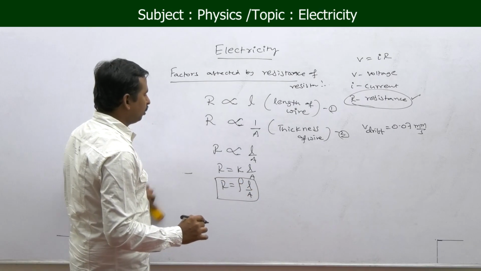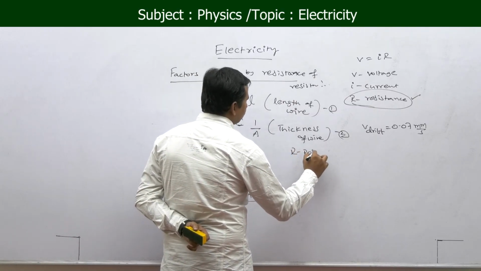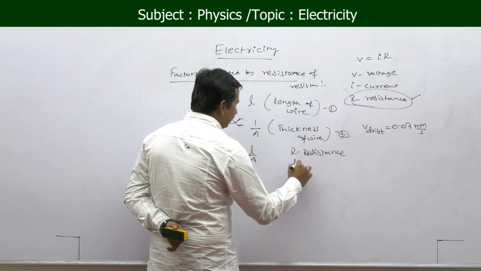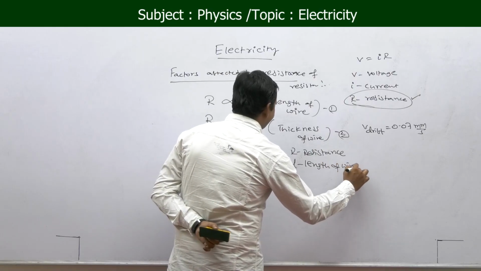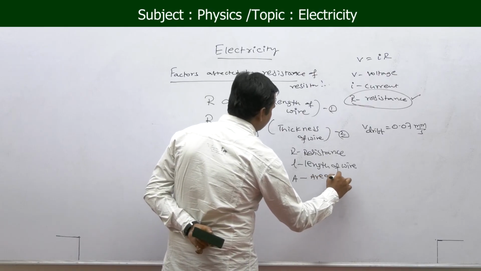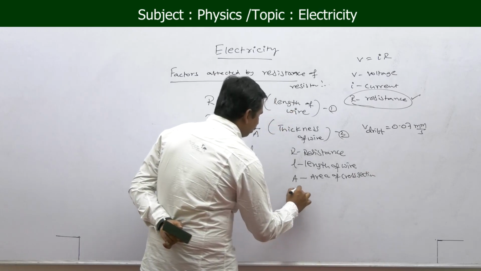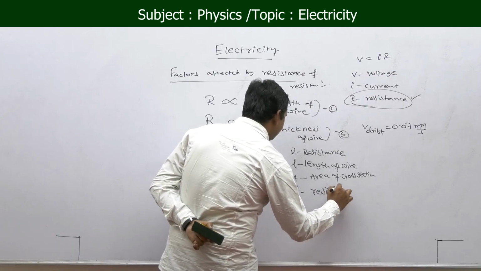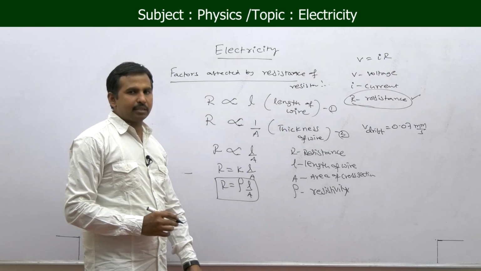Here R means resistance, L means length of the wire or our conductor, A is the thickness or area of cross section, and rho is nothing but resistivity.